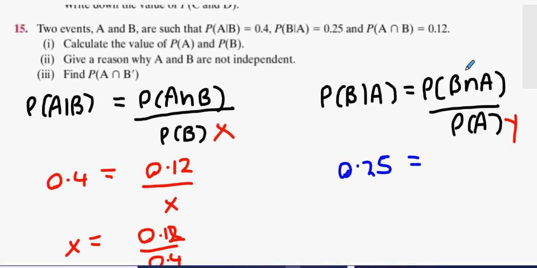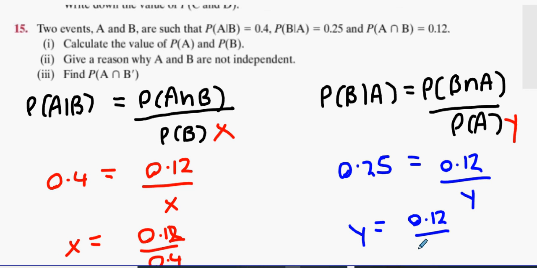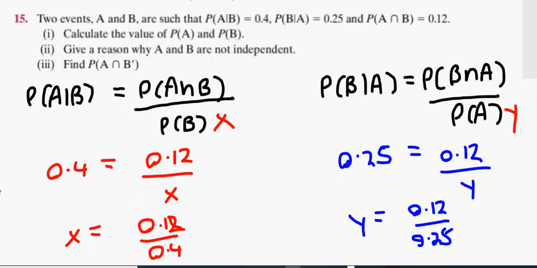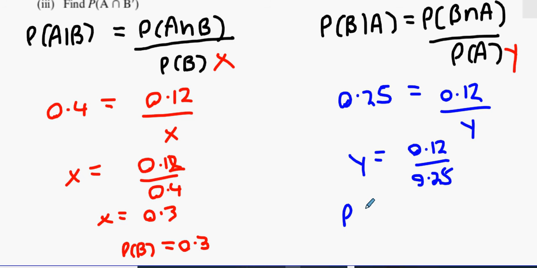Probability of B intersection A is 0.12. Probability of A is what we're looking for. So y equals 0.12 divided by 0.25. And what you get for that one, Mick? 0.48. Yep, P(A) is 0.48.